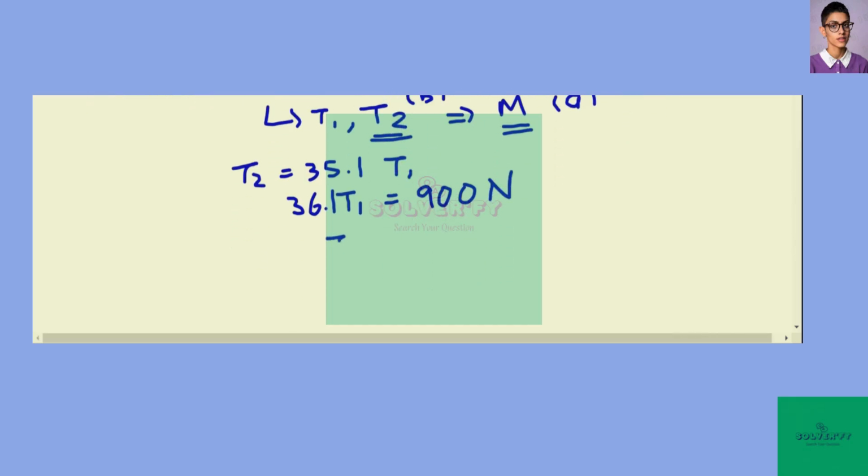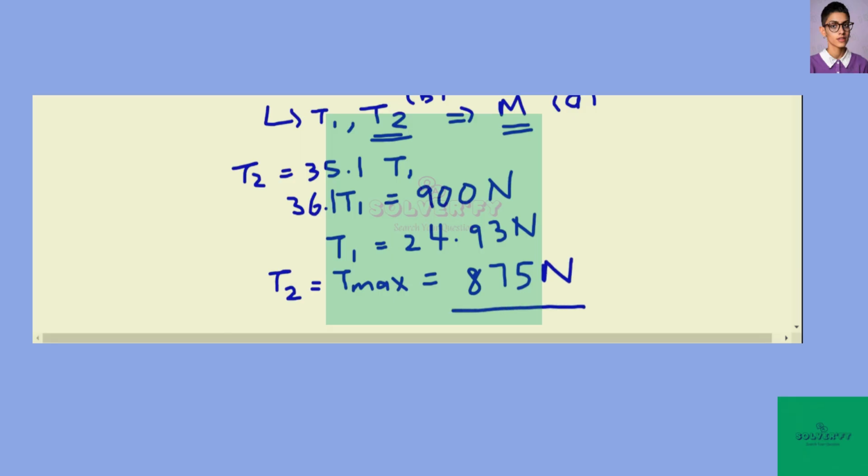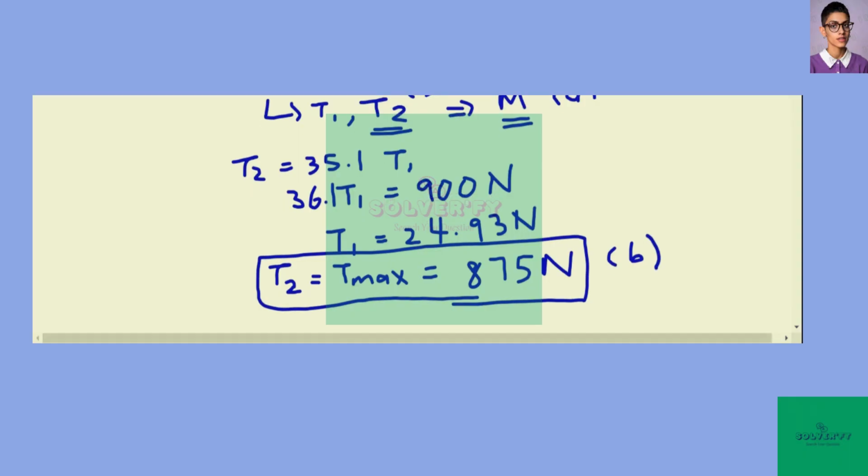And so T1 is equal to 24.93 newtons. And T2, which is equal to the maximum tension that can be exerted on the belts, is 900 minus 24.93, which is 875 newtons. And this is our answer to part B of the question.